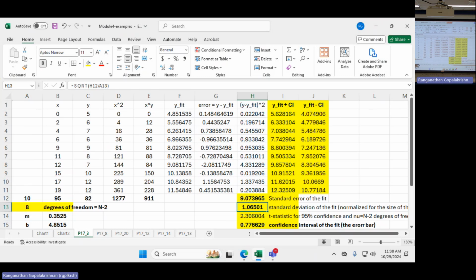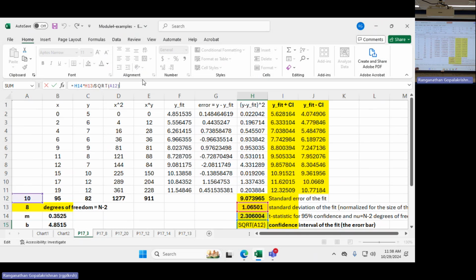So this is an important step. Once you have the standard deviation, then you multiply that with the t statistic, which you will be given a lookup table. Remember the table we saw in chapter 3? You'll be given the same table which you need to look up and write down this value in your quiz or exam. And then the confidence interval of the fit is t statistic multiplied by the standard deviation divided by square root of number of observations.